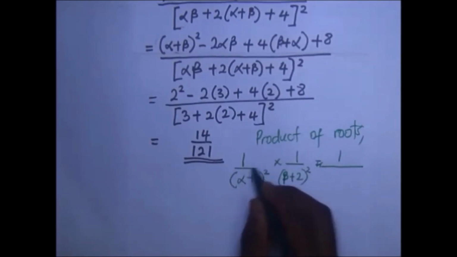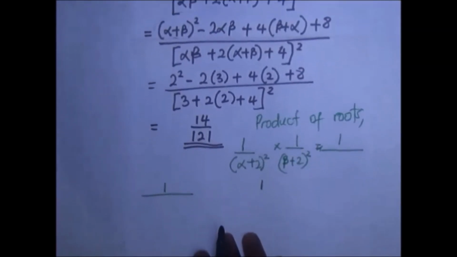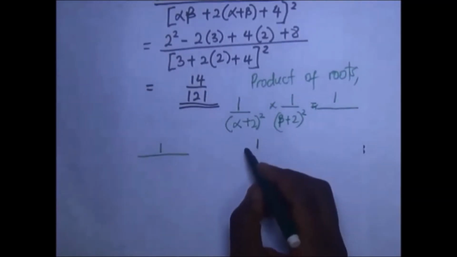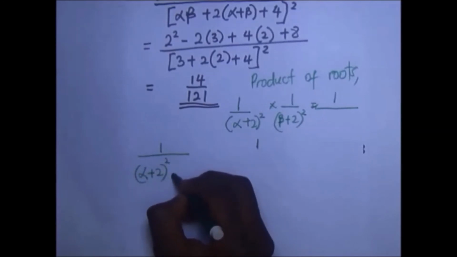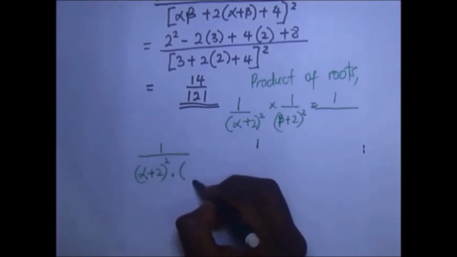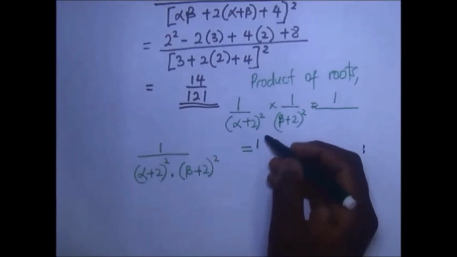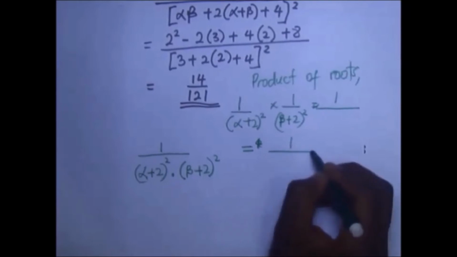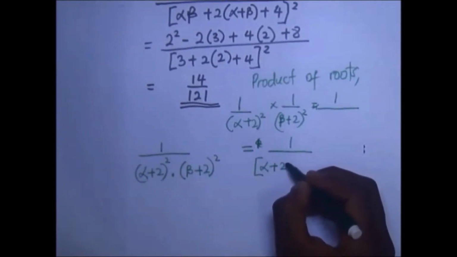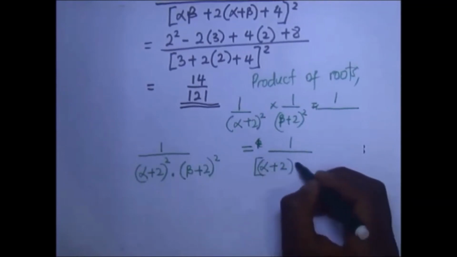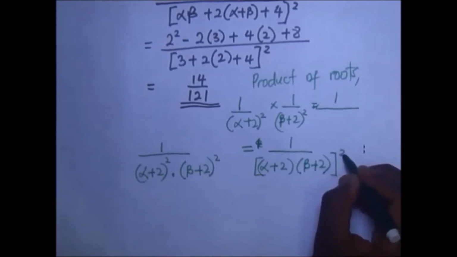So this times that is going to give us 1 over alpha plus 2 squared times beta plus 2 squared. 1 over, put all that in brackets, alpha plus 2, that is in one bracket, the other is beta plus 2, all this is squared.